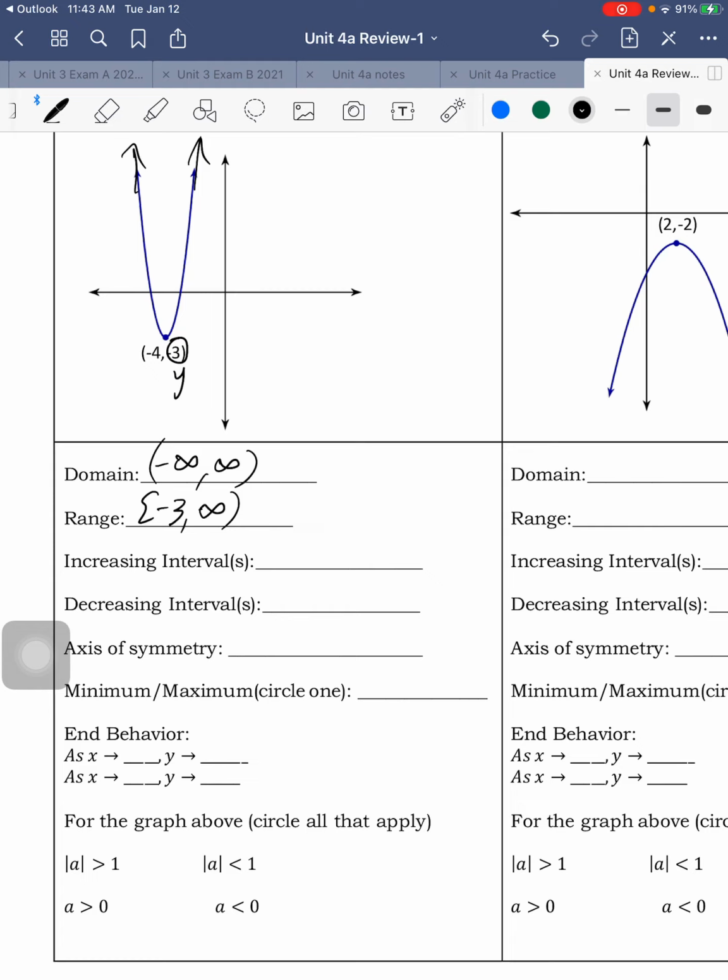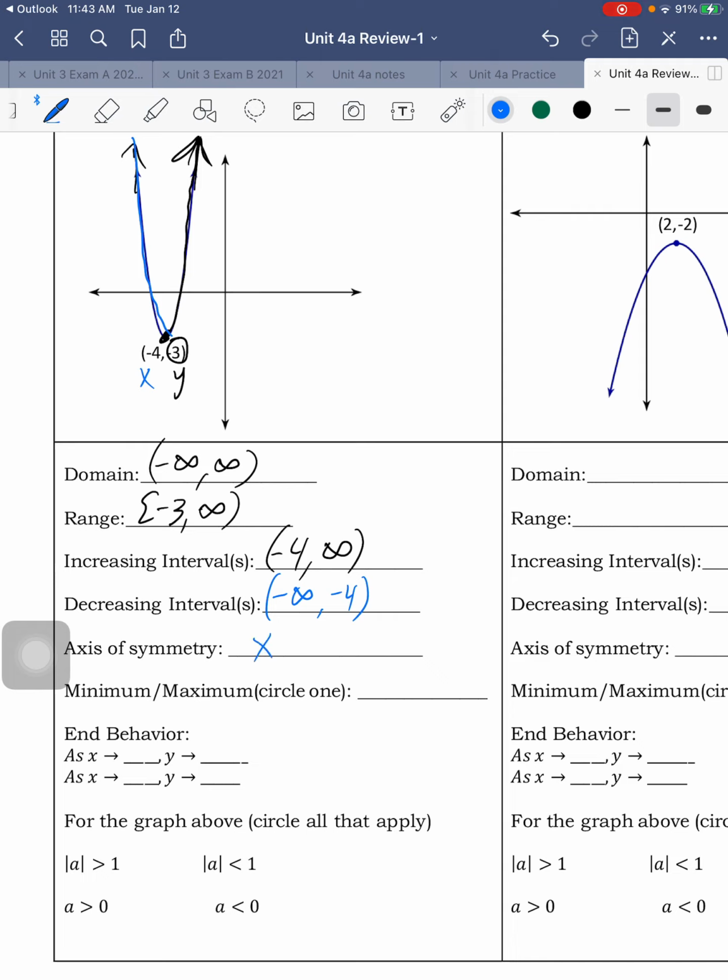Increasing interval from -4 to positive infinity. And you can put parentheses or a bracket around -4 if you want. And decreasing from negative infinity to -4. Again, you can put a bracket around that.